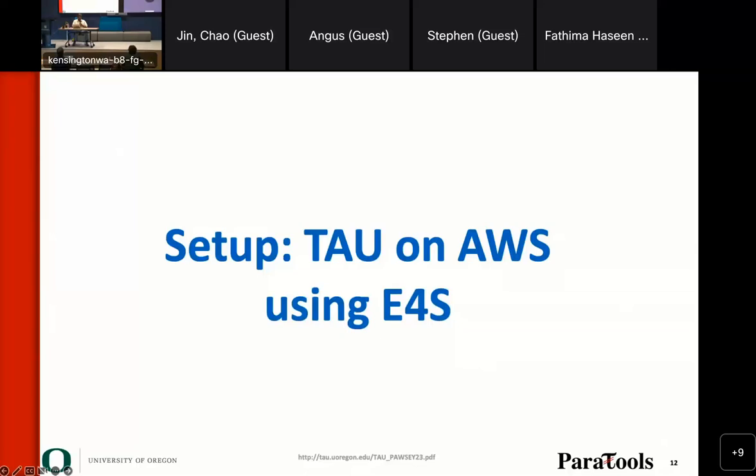So with this, you have already had a look at the AWS instances. I hope many of you are already able to log in and grab a node, and we have made it simple so that you don't need to install anything.